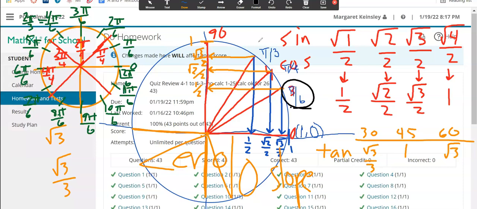Well, if you literally had counted around the circle in pi over 6 increments, 1, 2, 3, 4, 5, and so on, you would have known which one was called pi over 3 because you would have reduced 2 pi over 6 and gotten pi over 3. And then you don't have to accidentally write the wrong one. Okay. That helps.